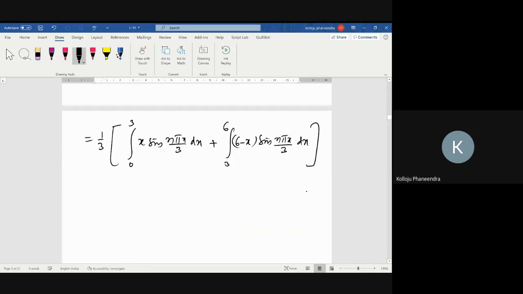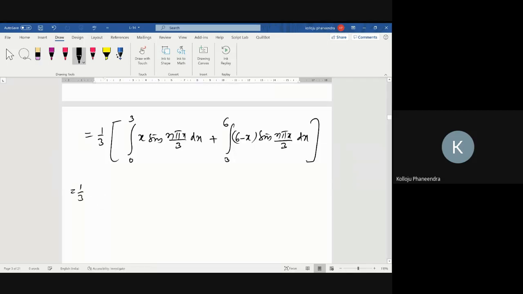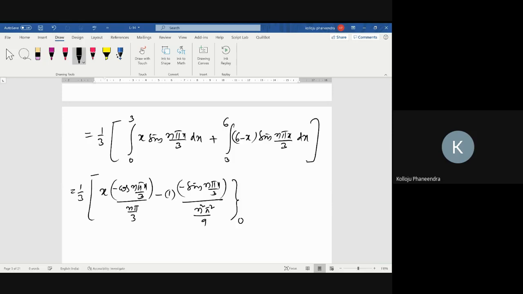Now again by parts formula. This is equal to 1 by 3. This x sine integration: minus cosine n pi x by 3 by n pi by 3. This is in bracket because minus is there. Minus x derivative 1, and again cosine integration gives sine by n pi by 3, n pi by 3, this is n square. Between what limits? 0 to 3.